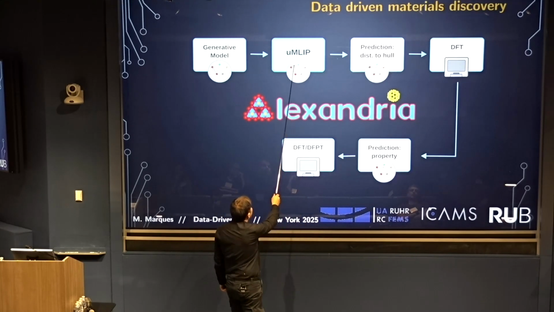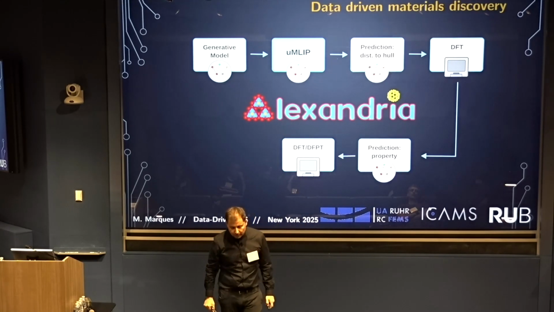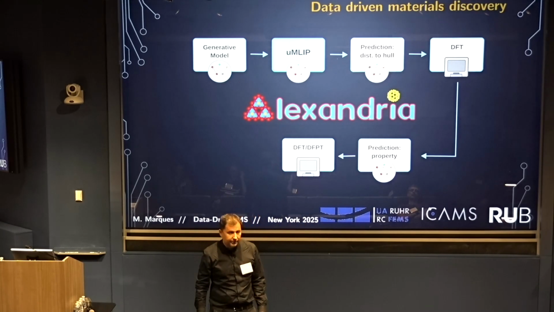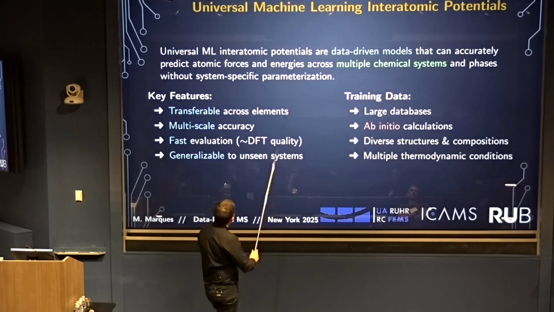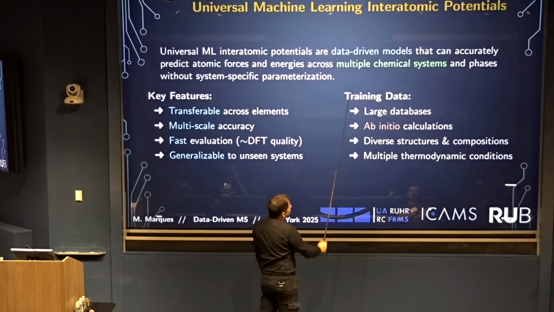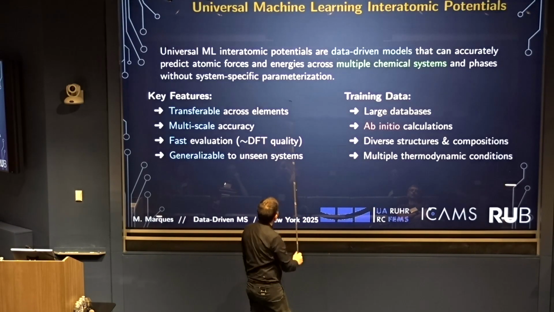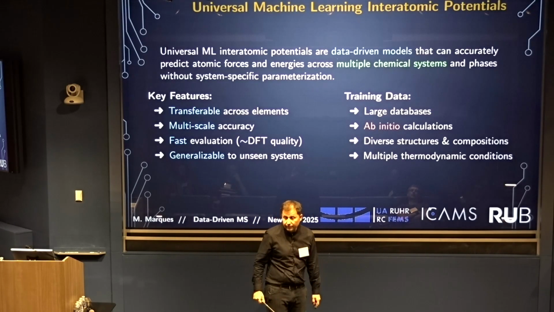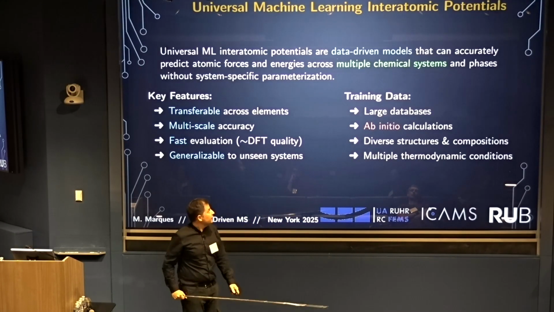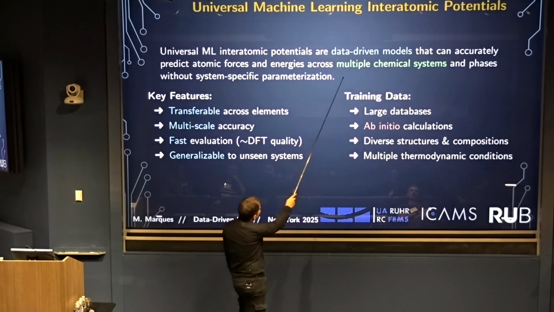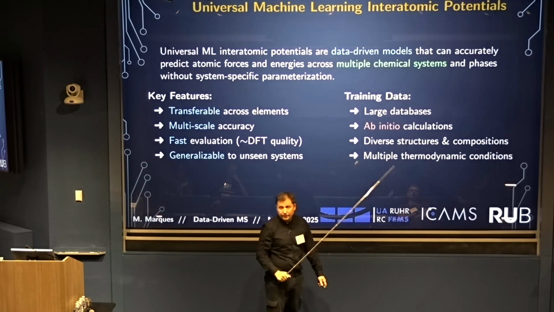Next step, the universal machine learning interatomic potentials. This is perhaps the greatest success of machine learning in material science. They are data-driven models that can accurately predict forces and energies and stresses. And you all know these are interatomic potentials. The novelty is that they work across multiple chemical systems and structures.